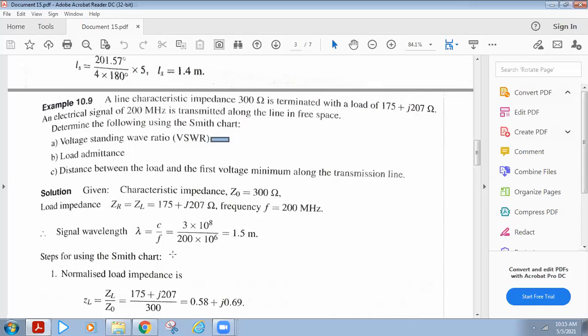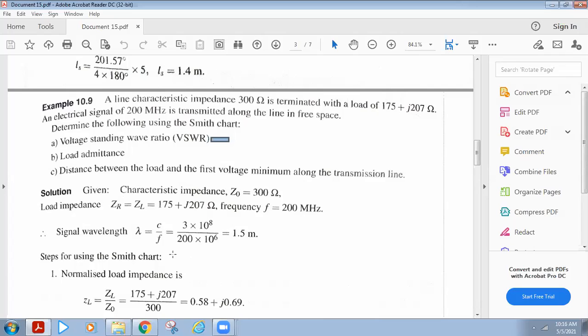See here. Regarding the Smith chart, what are the crucial steps? What do we have to find first? First we have to find the normalized impedance, right? According to the problem statement, characteristic impedance is 300 ohms, load impedance is 175 plus j207 ohms, and operating frequency is 200 megahertz.